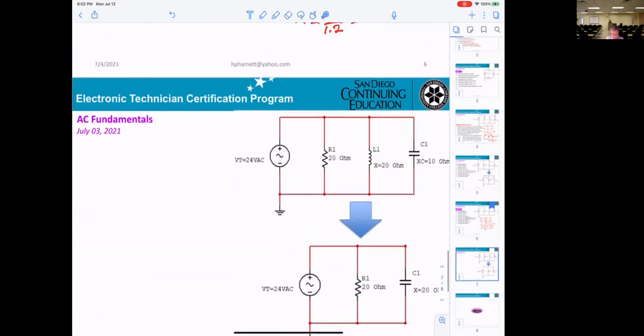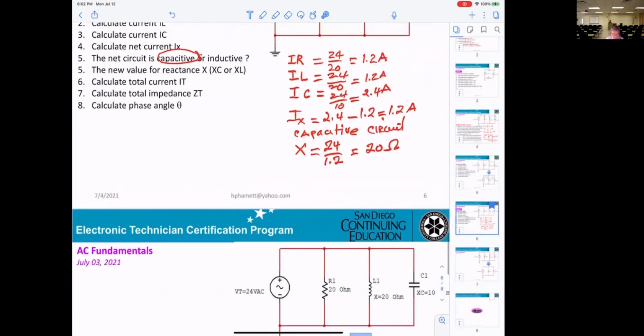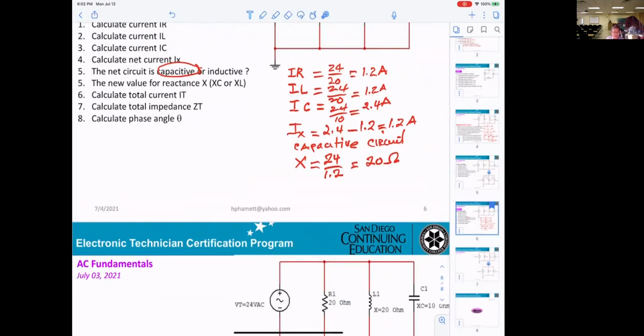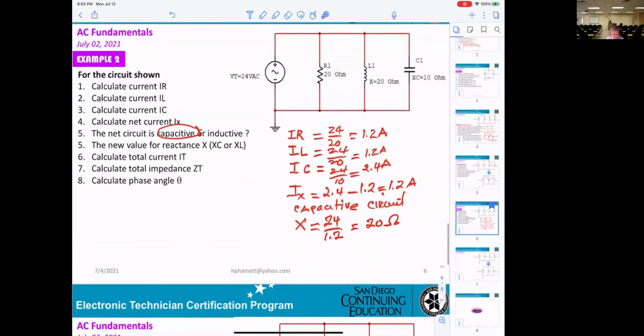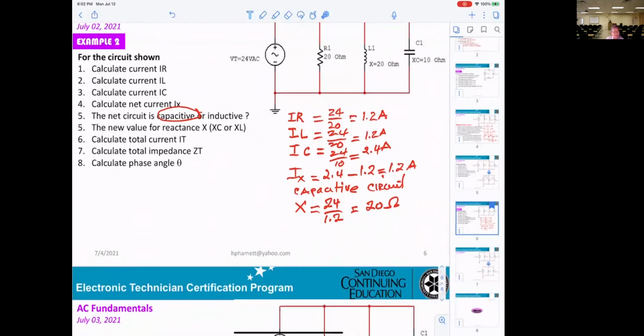Okay, any question? So the next quiz on Wednesday will cover RCL series and parallel. If you understand what needs to be done, then you can get very good credit. Okay, any question?